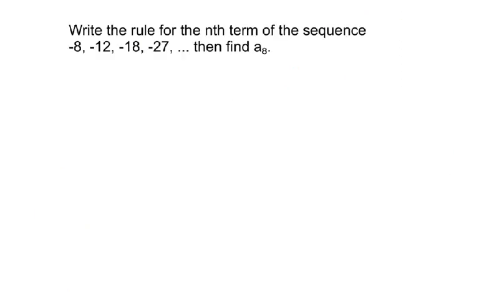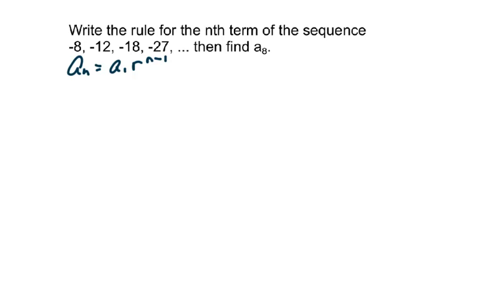Write the rule for the nth term of the sequence when you are given the following information, and then find a sub 8. So we're using a sub n equals a sub 1 times r to the n minus 1 power. We can see that our first term is -8.